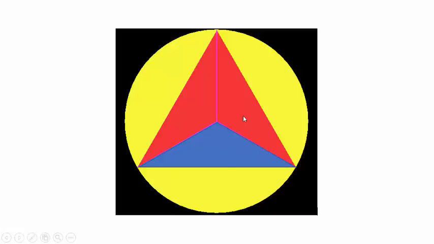Very roughly, we can say that the area of the yellow circle is approximately the same as the area of the three triangles. So the area of the equilateral triangle is the sum of the three smaller triangles.